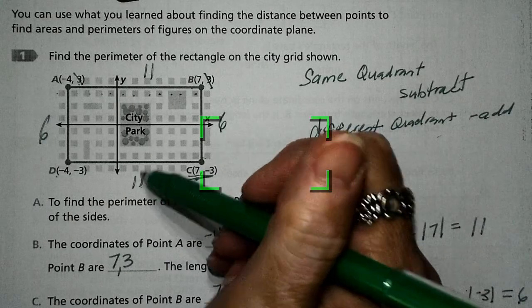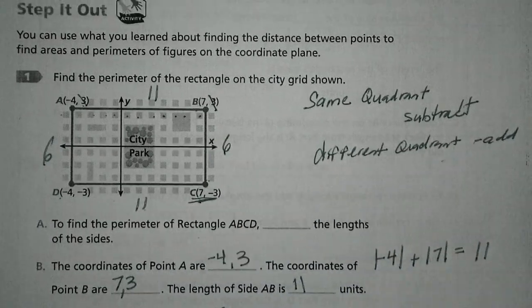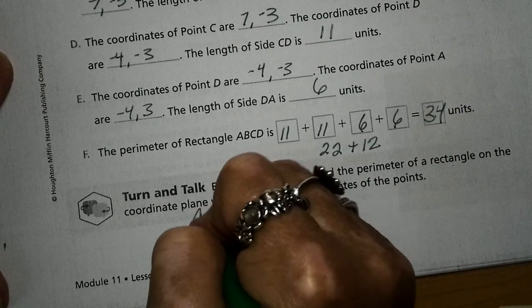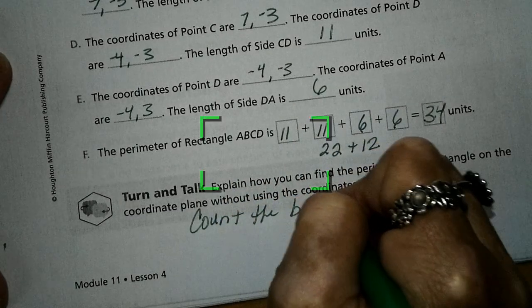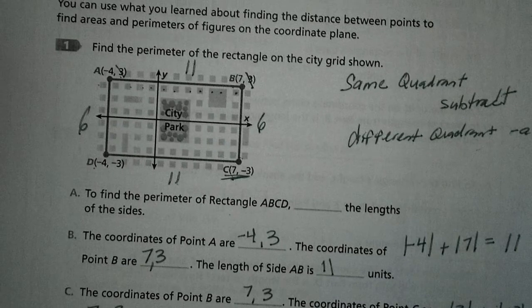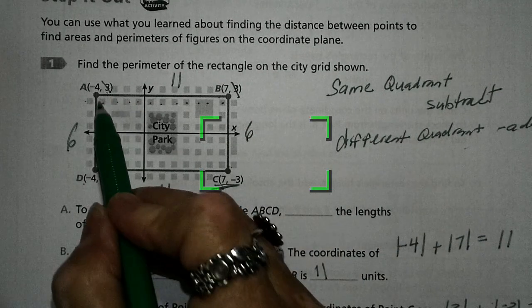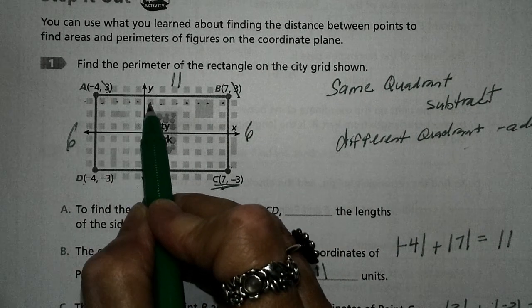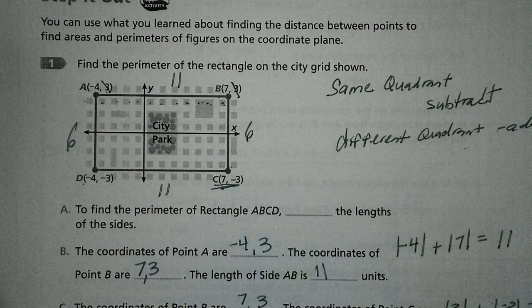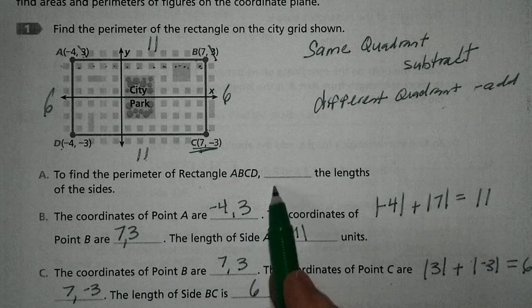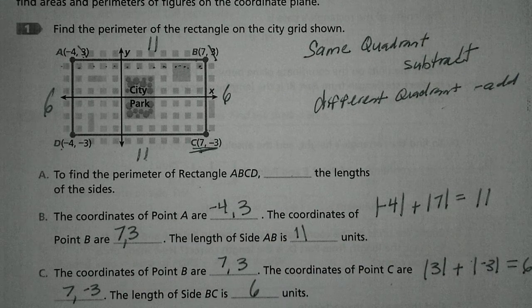So I could just count the blocks. Should be 11. Right, because we had to come back. Once we found the perimeter, we had to come back for that. Just 34.